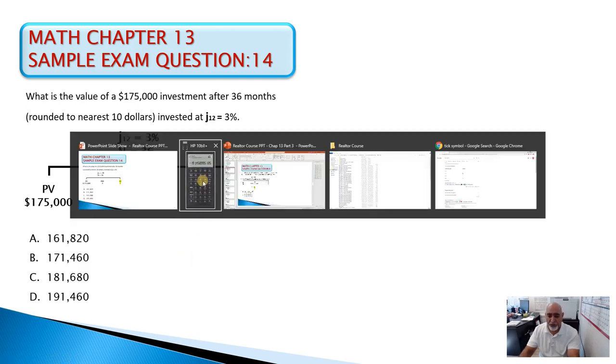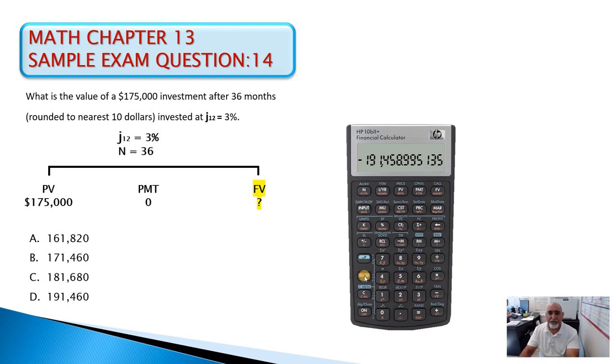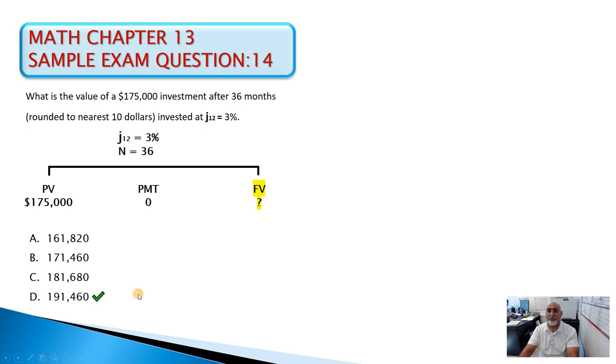Our calculator comes back, and this time we use compounding 12 and 3% for the interest rate, N is 36 months, PV is 175, 0 for the payment, and the FV comes out to be 191,400, and to the nearest $10 would be $460. I believe the answer is the last one.